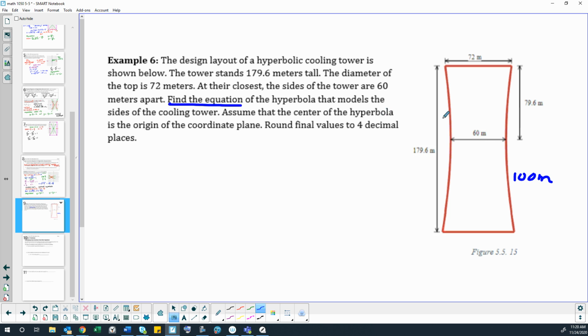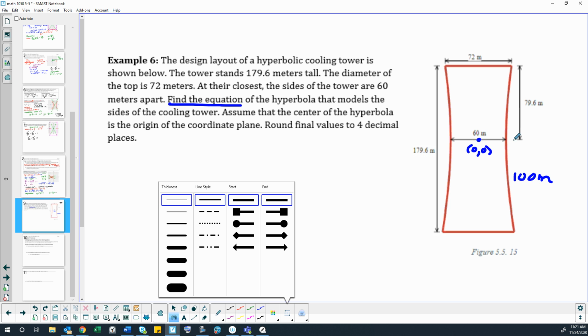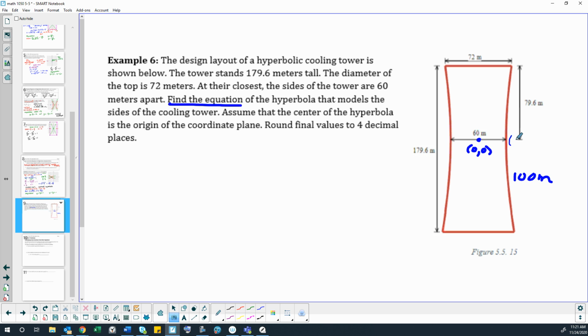Assume the center of the hyperbola is the origin. So right here is 0, 0. Let me narrow my pen for a second here. So this point right here would be at 30, 0. This point here would be at negative 30, 0. And then this point here, we don't know, right?